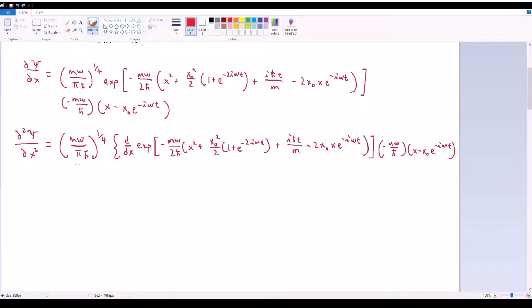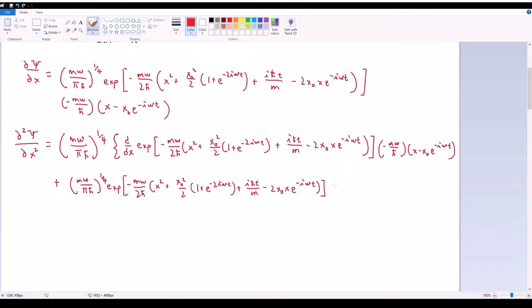And then we're adding this with (mω/πħ)^(1/4) times the same exp[−(mω/2ħ)(x² + x₀²/2 (1 + e^(−2iωt)) + iħt/m − 2x₀ x e^(−iωt))].